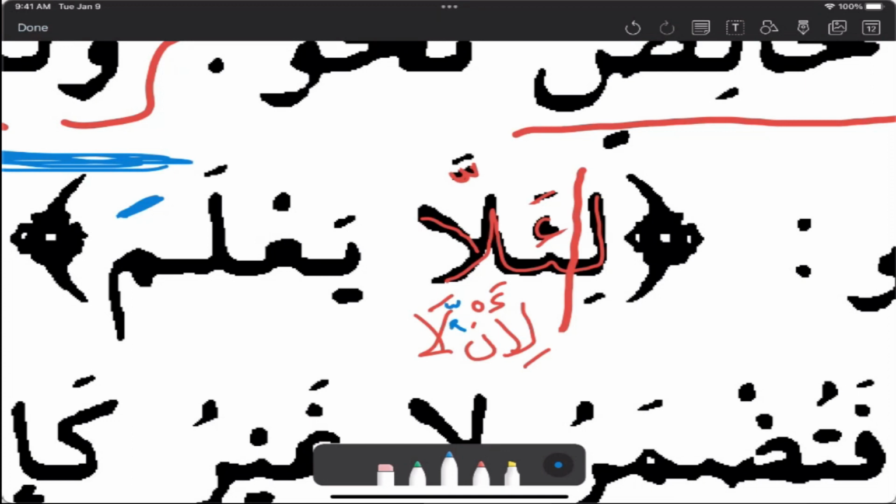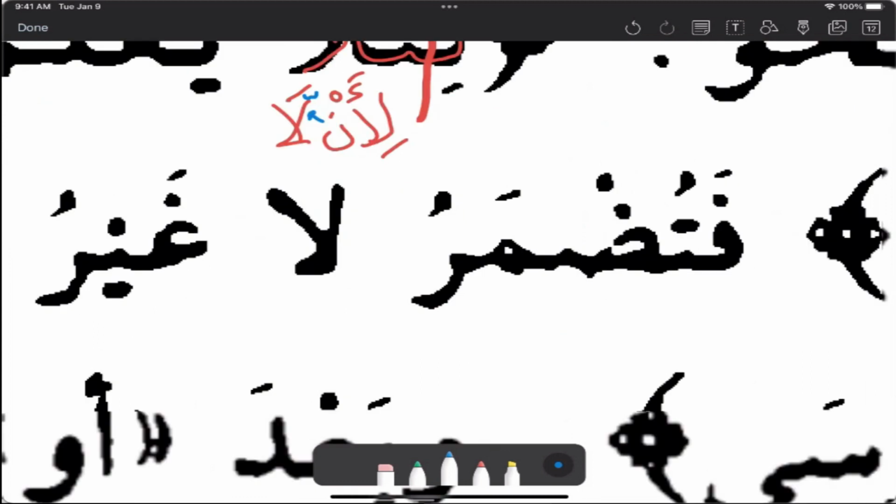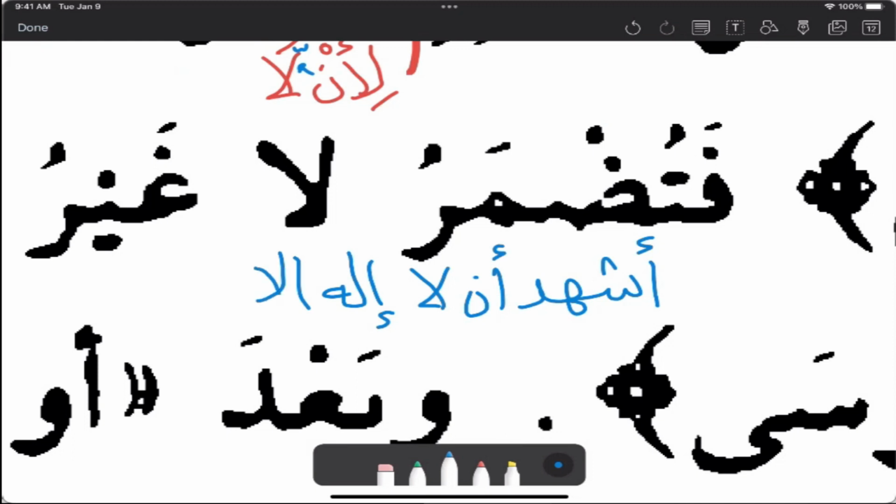Just like in the shahada, you say ashhadu alla ilaha illallah. Originally it's an la, right? You say ashhadu an la ilaha illallah. An la. So you could merge the noon into the lam and say alla.